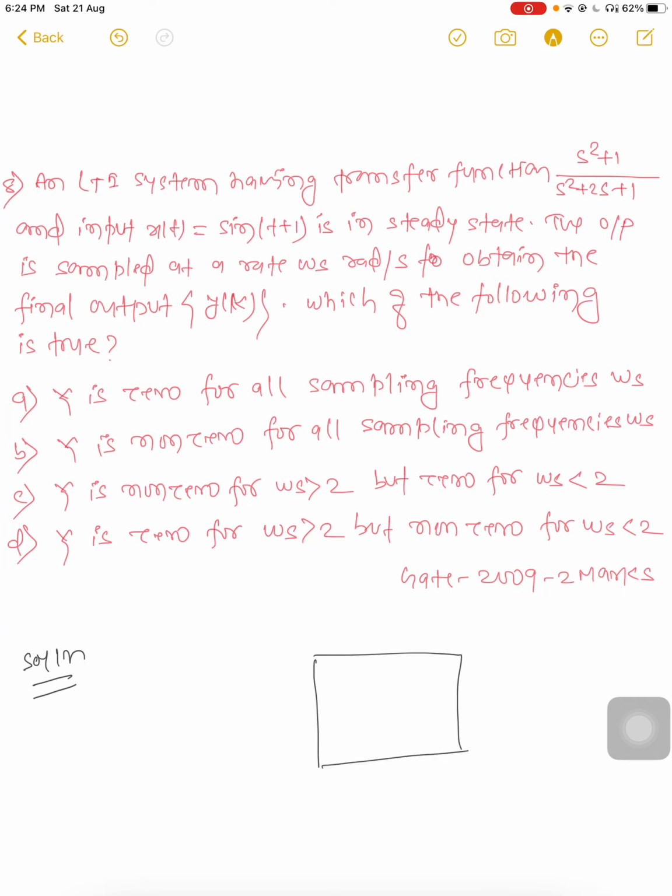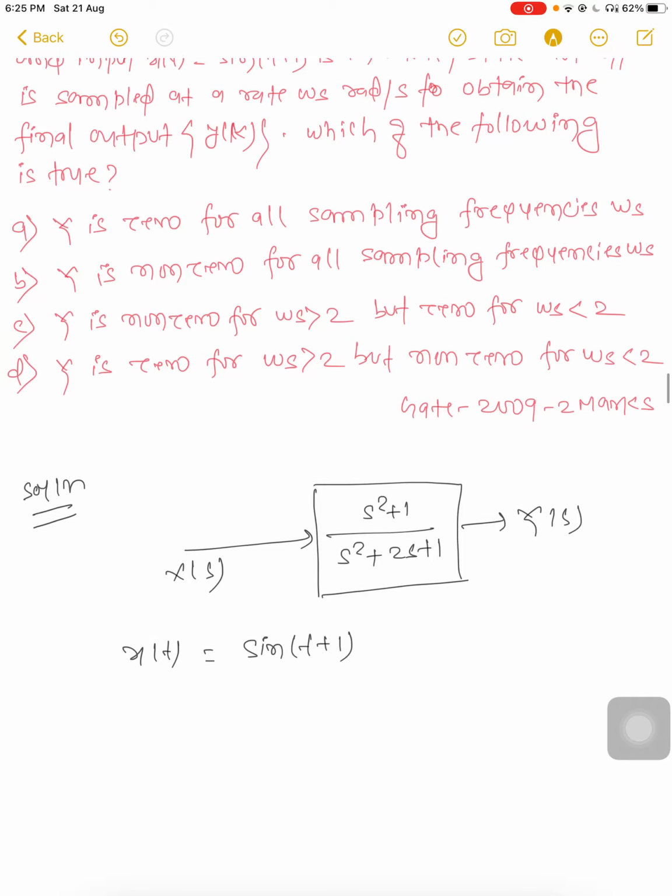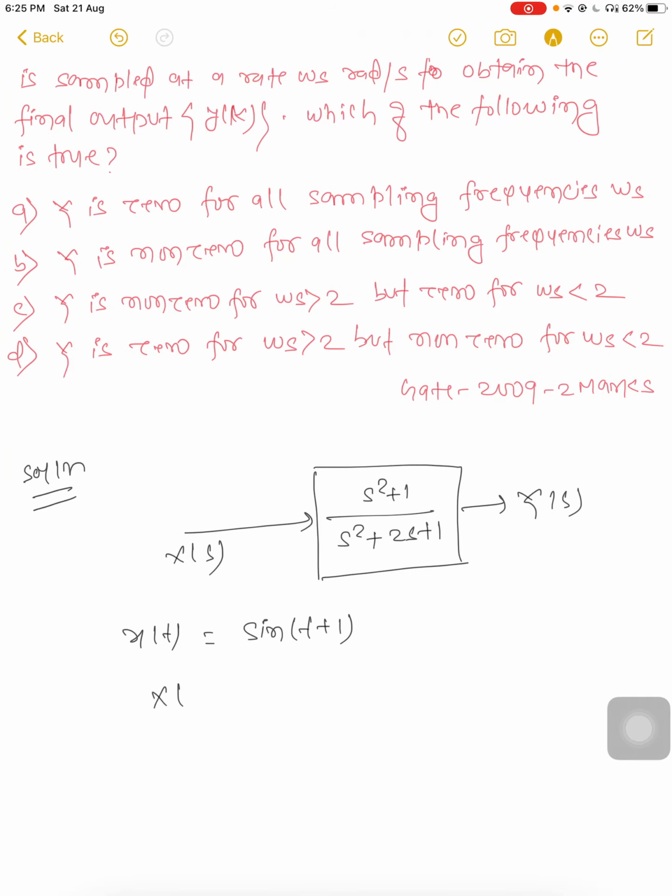Solution. Let us consider an LTI system which is having transfer function (s square plus 1) upon (s square plus 2s plus 1), with X(s) and Y(s). x(t) is given as sin(t plus 1).